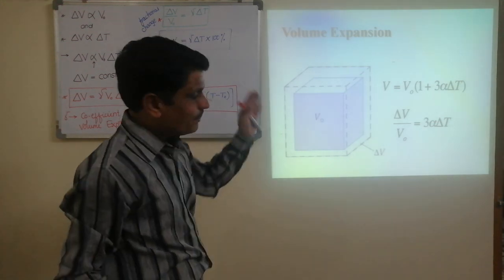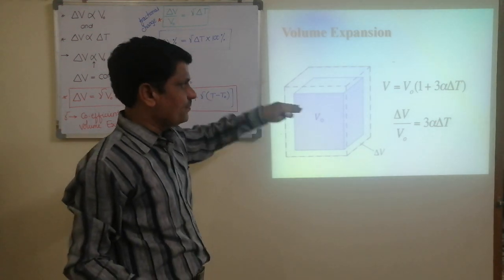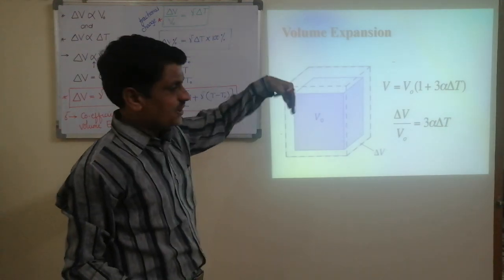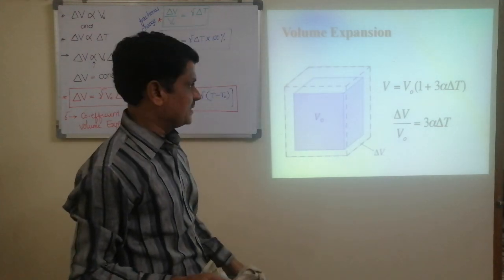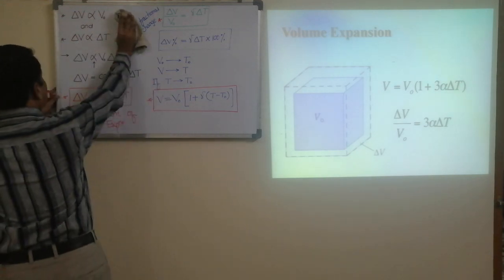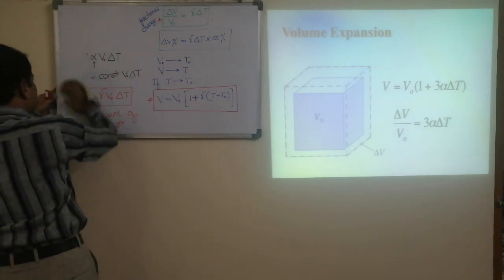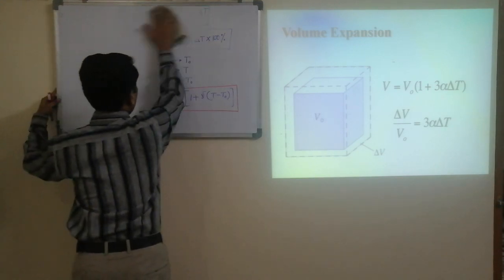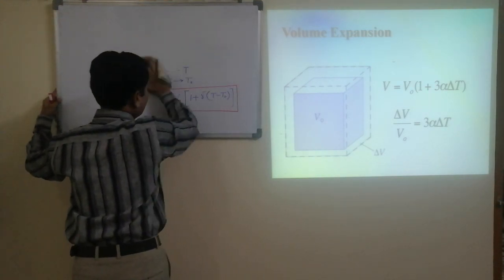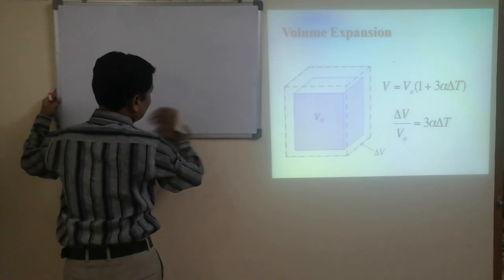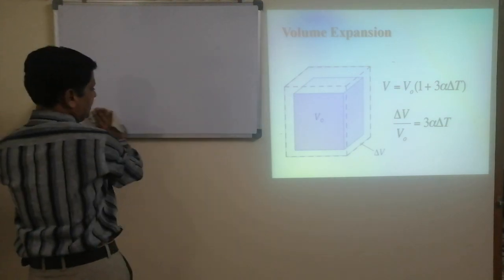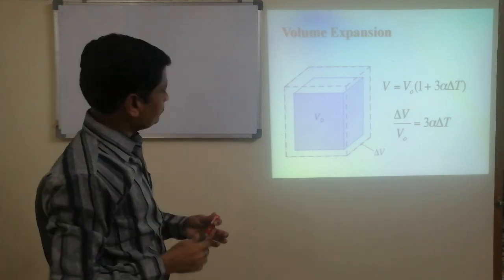If you compare this with resistance, or use your knowledge of resistance, you can analyze this. After this, the very next point is the relation between the coefficient of linear expansion, coefficient of volume expansion and coefficient of areal expansion.